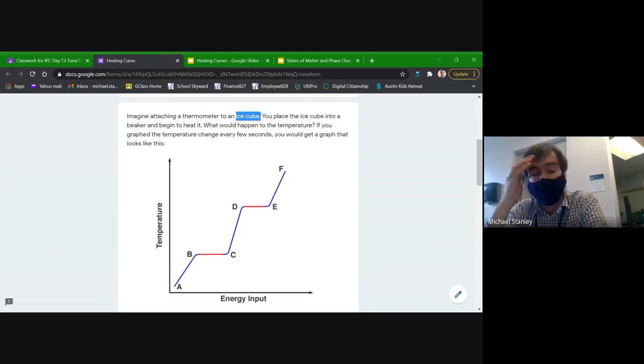So we're dealing with water here. We're starting at a very cold period down here, and then the temperature goes up, and then the temperature stays the same for a little bit. And then it goes up again, stays the same again, and then goes up again. So it's the same basic format as the heating curve we were just looking at in the notes.